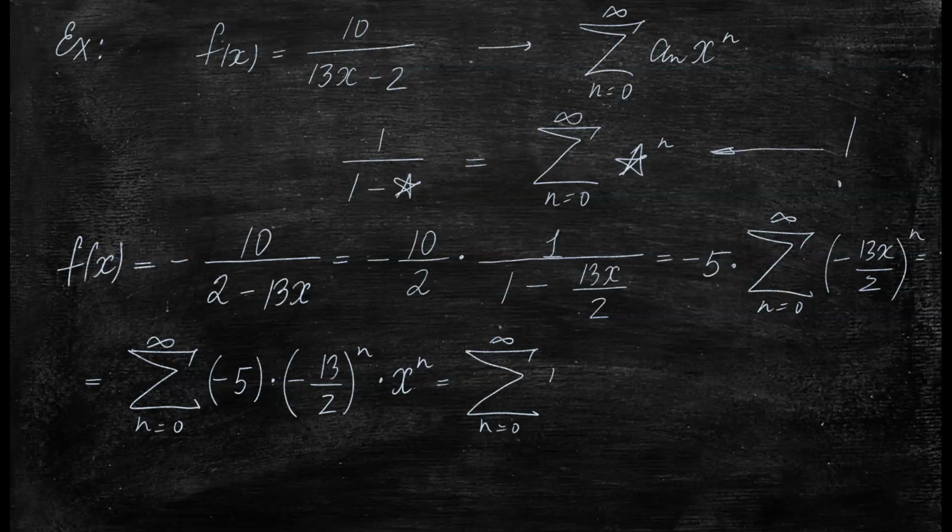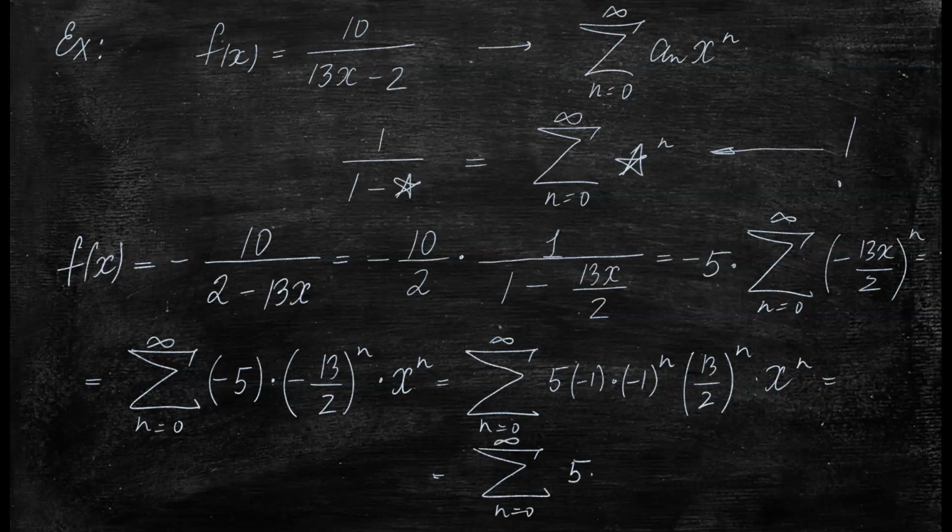Instead of negative 5, we're going to write 5 times negative 1. We're going to pull out the negative 1 to the power n. We're going to have 13 over 2 to the power n times x to the power n. So the final answer is 5 times, I guess let's write negative 1 first.